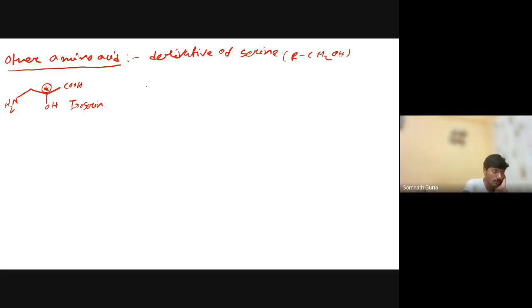So we have this group, then OH, CH2, CH2, and there is an NH2 over here, and this is my chiral center, the alpha carbon. This is called homoserine.